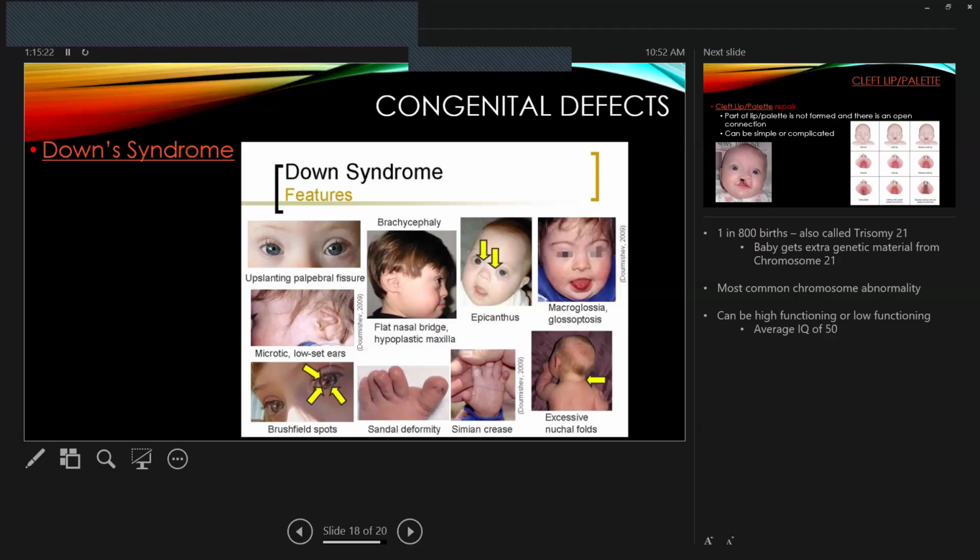So those are just some of those exterior things that you might see in someone with Down syndrome. But again, not every patient with Down syndrome has all of those physical aspects. Some of them do, some of them do not.